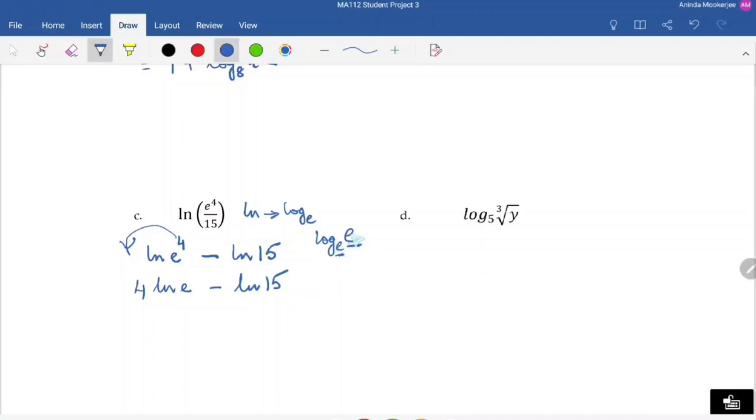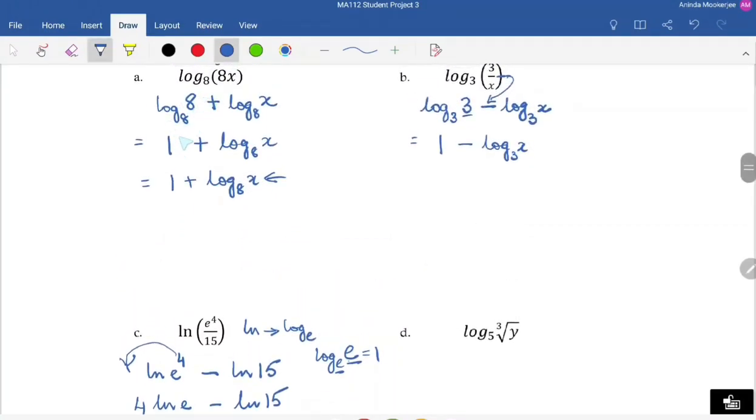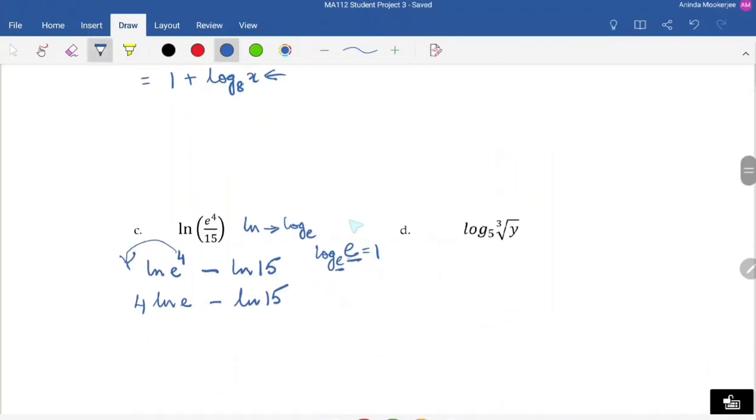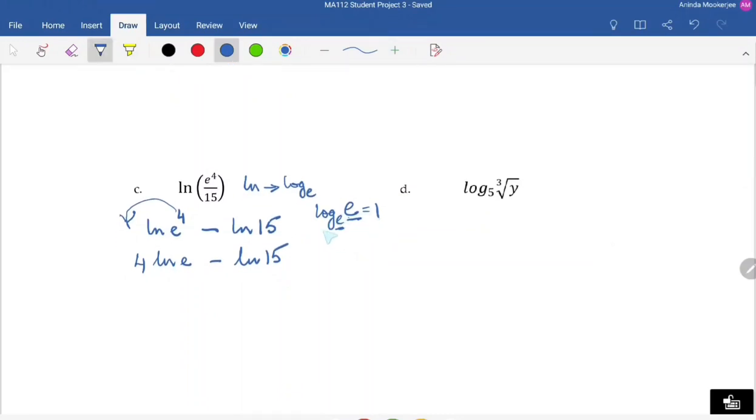So log base e of e is equal to 1, just like in the previous examples. Log base 8 of 8 was a 1, log base 3 of 3 was a 1. Similarly, log base e of e is also a 1. But you just have to remind yourself that ln is the same thing as log base e.